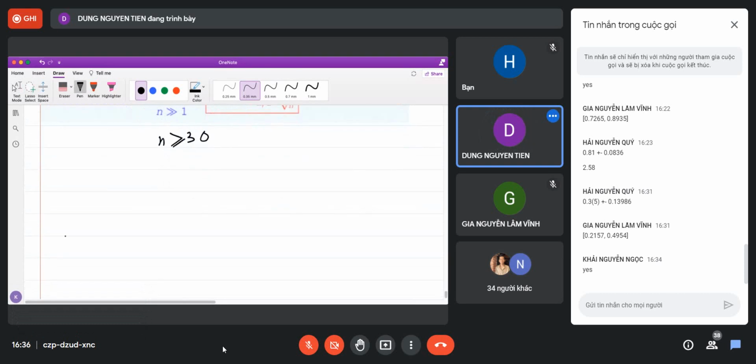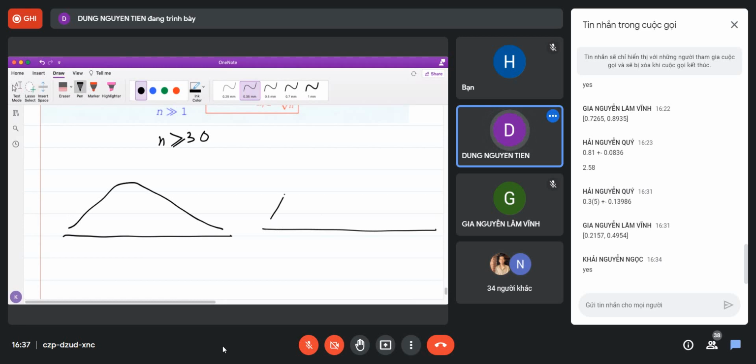Suppose you draw the histogram and you get something like this, then 30 or 40 could be enough for you. But if you have a heavily skewed distribution, something like that, then I don't think 30 is big enough for you. You need at least 100 observations, I think.